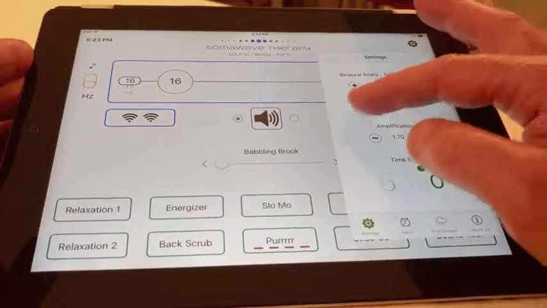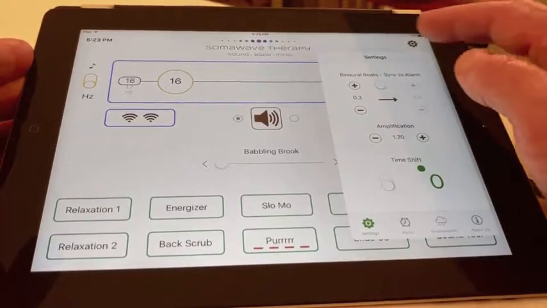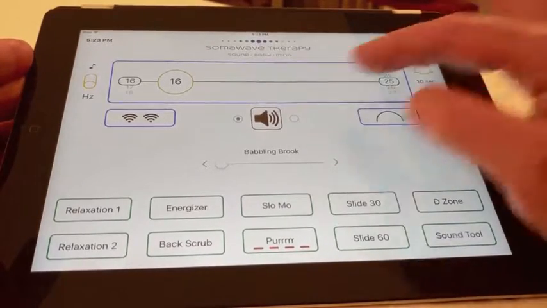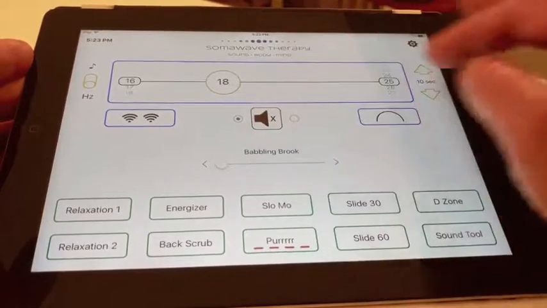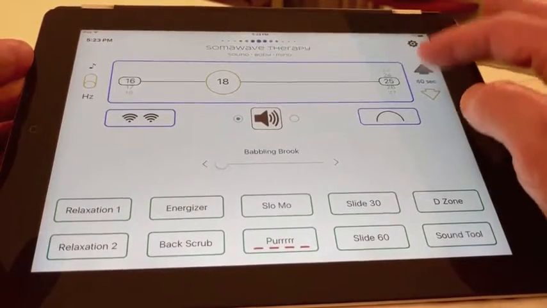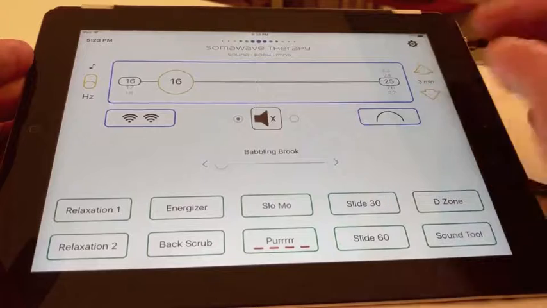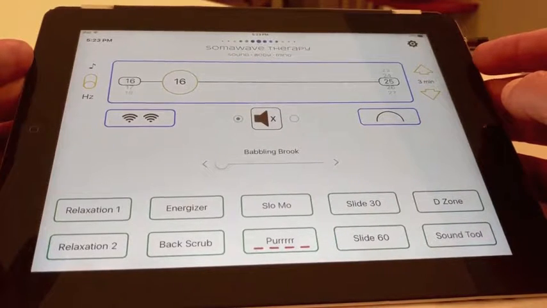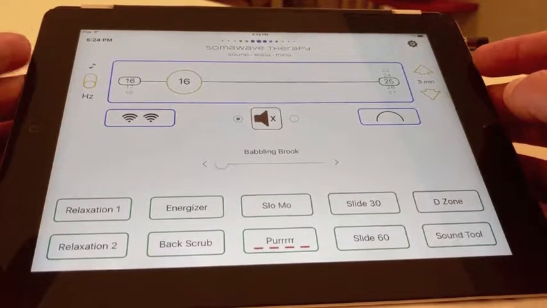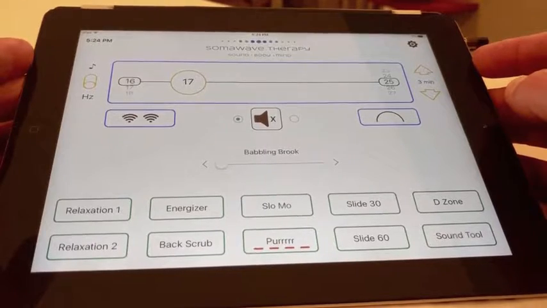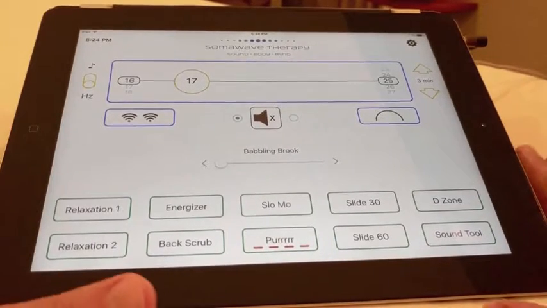And for now, not worry about the binaural beat. Kind of want it to be nice and slow. 16 hertz is so low, and yet it's there. You can feel it.